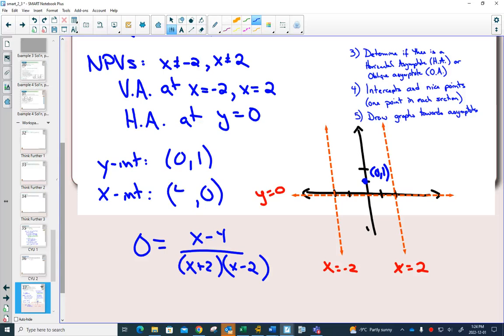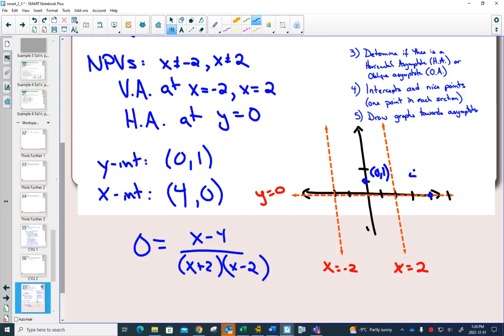So it's actually really easy to see that it has to be 4. The bottom doesn't matter. In fact, if you wanted to, you could multiply both sides by x plus 2, x minus 2. That would cancel out the bottom on the right, and the left-hand side is already 0, so when you multiply, you would still have 0. So to find your x-intercept for a fraction, you just need to find out where your numerator is equal to 0.